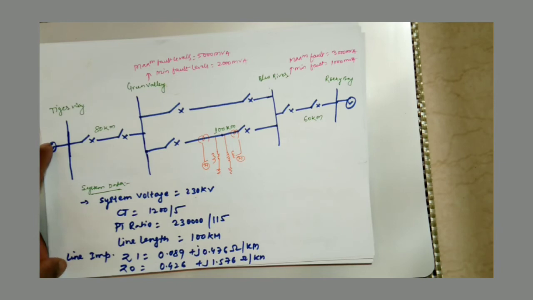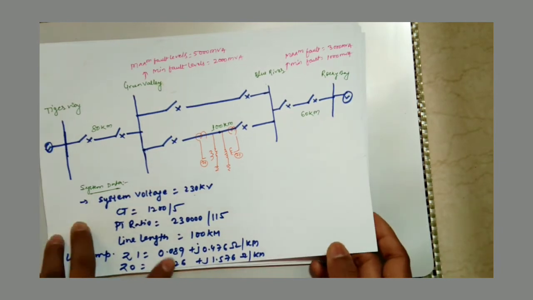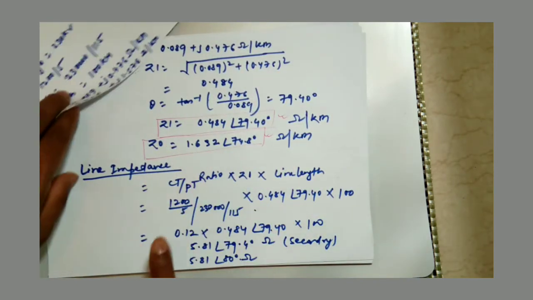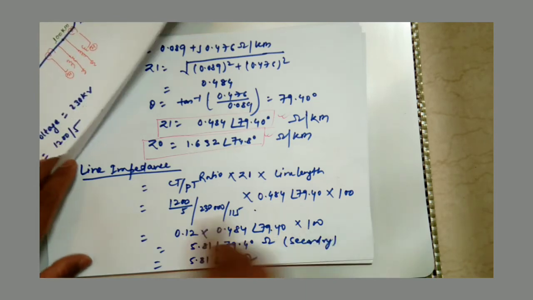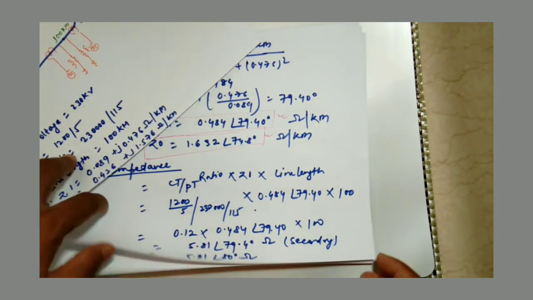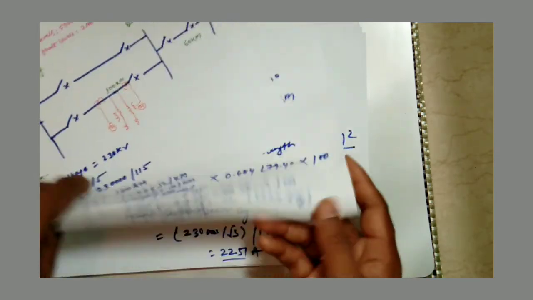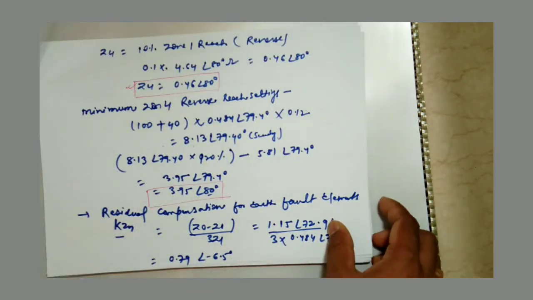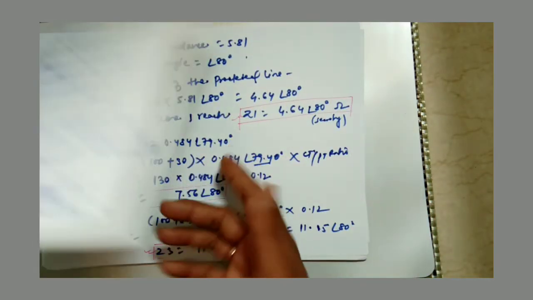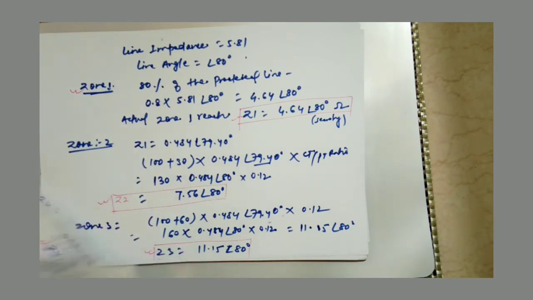We have converted it into polar form, then calculated the line impedance with respect to the secondary by multiplying by the CT ratio by the PT ratio. Then zone 1 protection is 80% of the line length.